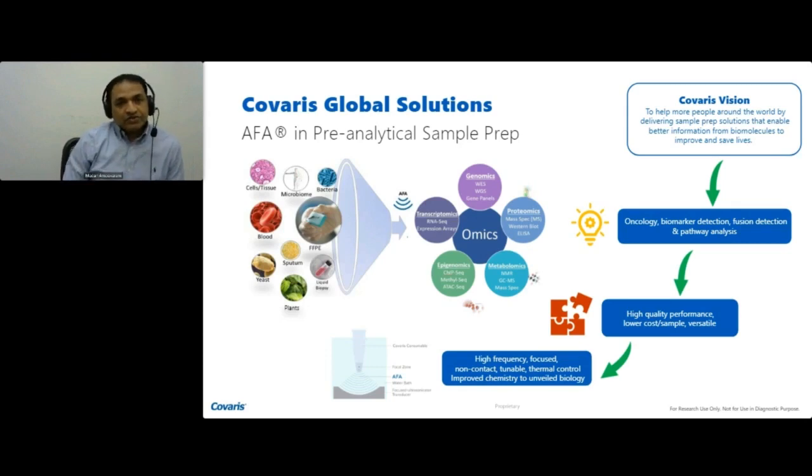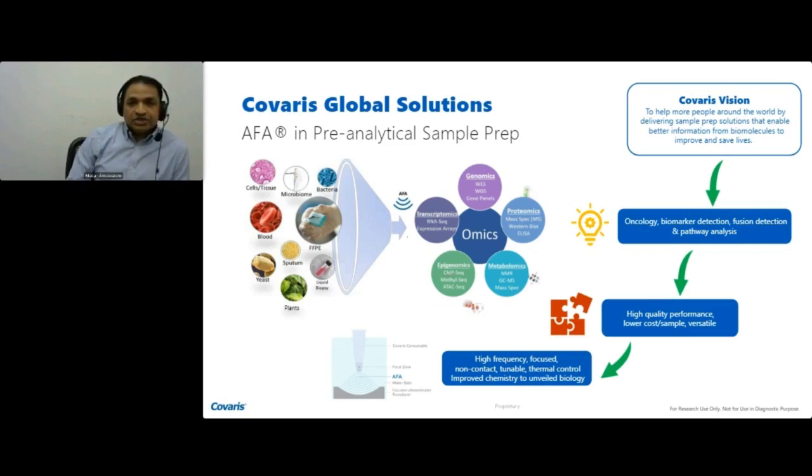It all starts with the use of high-frequency ultrasonication, the AFA method, for delivery of acoustic energy in a very focused manner. This is a non-contact process, thus eliminating any chance of contamination. The AFA process is extremely tunable, thus offering significant operational flexibility.